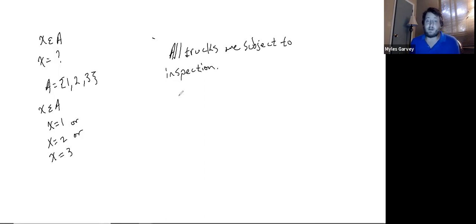I may want to say, given the collection of all of my trucks uppercase T, for any truck lowercase t that's in my bigger uppercase T, t is subject to inspection. But again, if I left it like this, then I'm saying, well, which t in T?